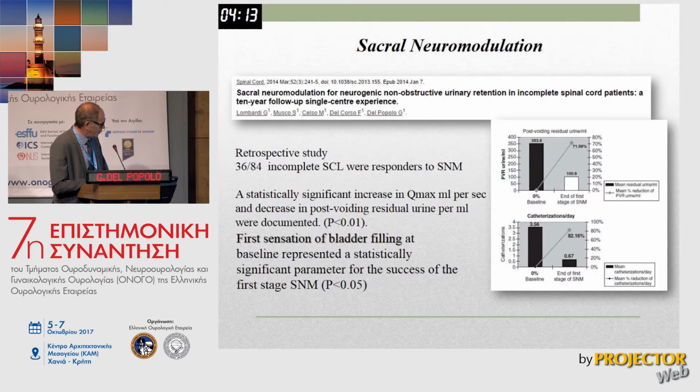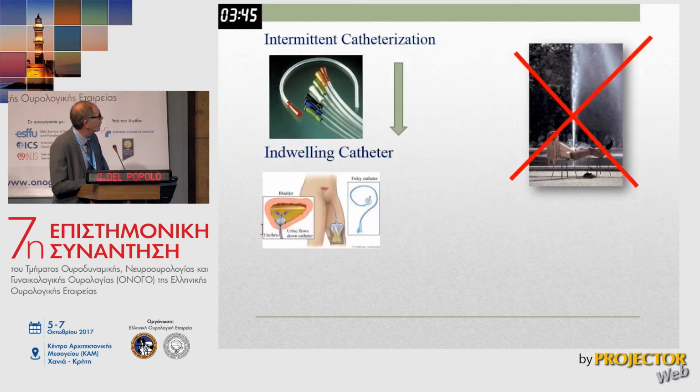About sacral neuromodulation, in our study we also reported data about spinal cord injury patients with incomplete lesions, and we had some good results in the long term. One predictive sign was whether they had a recovery of bladder sensation over time. But this is related only to really selected patients.